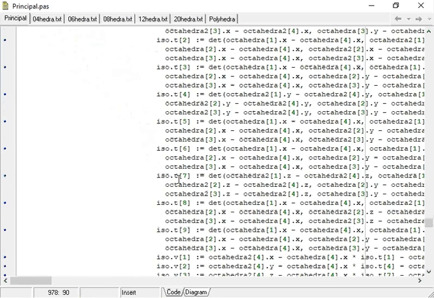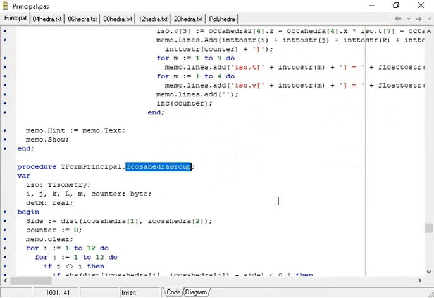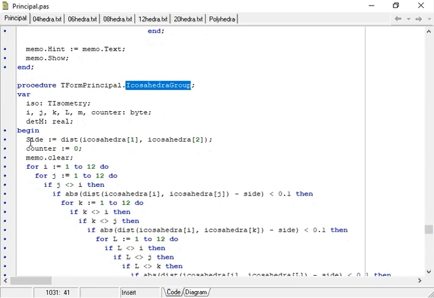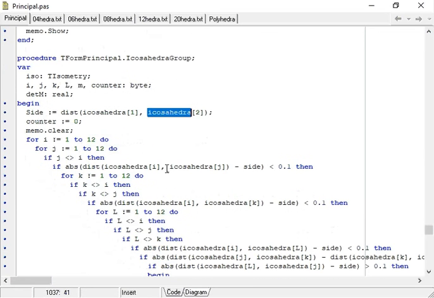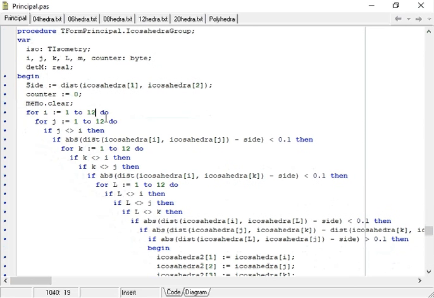And the same reasoning. The icosahedral group, we fix the side, the distance from the point 1 to the point 2. The 12 points, I, J, K, L. The distance from I to J is not side. From I to K is not side. From I to L is not side. And from L to J is greater than the error.